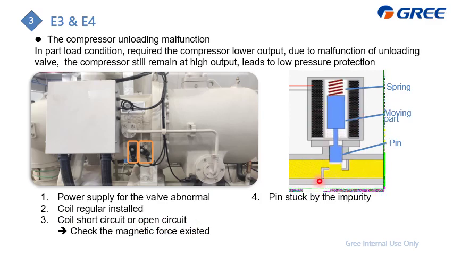And the last is that maybe the pin, which is this one, is stuck by impurities, so the oil cannot flow through. Also on site you can check this one, it should be warm, and if it is not connected, it will not be warm. So from here you can also check whether this valve is malfunctioning or not.